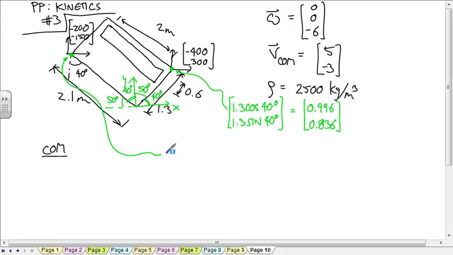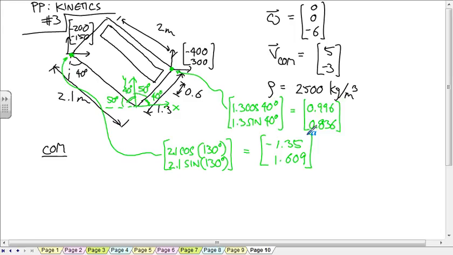So the coordinates of this point are going to be 2.1 times the cosine of the angle from the positive x-axis, the vector going from here to that green point, which is 40 plus 50 plus another 40, so 130. So what do you get for those coordinates? Negative 1.350, 1.609.